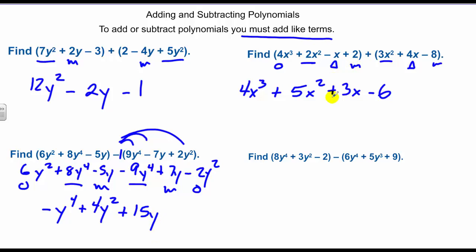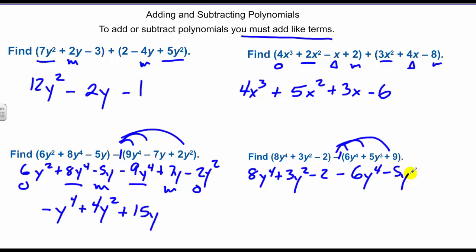Do the same thing for this term. I'll distribute my negative 1 through. So I have 8y to the fourth plus 3y squared minus 2 minus 6y to the fourth minus 5y cubed minus 9. Match the fourth. We have 2y to the fourth.